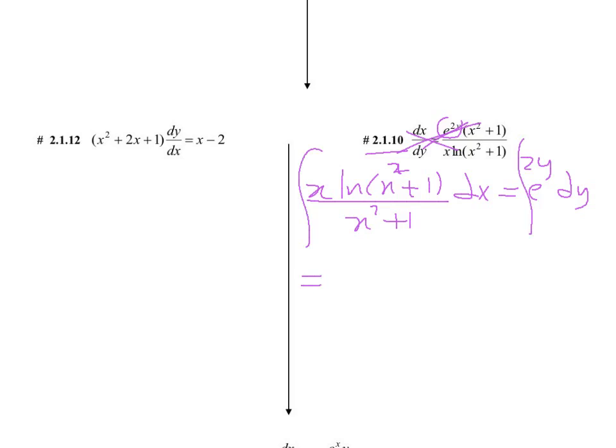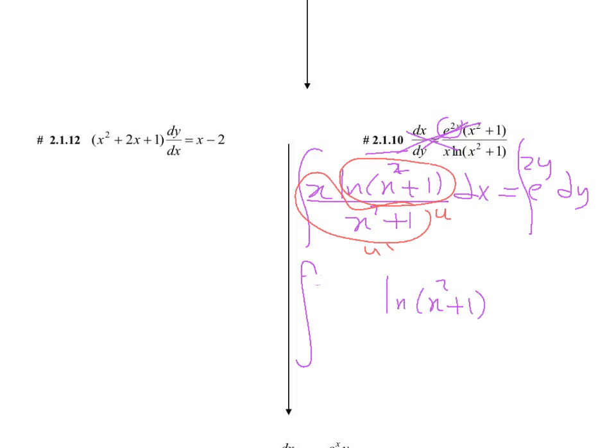Integration of this, if you think about it, this is like u, and this one is u prime. So you can rewrite this way: ln of x squared plus 1, times x over x squared plus 1, dx, and integration of the other side is easy, e to y, plus c.